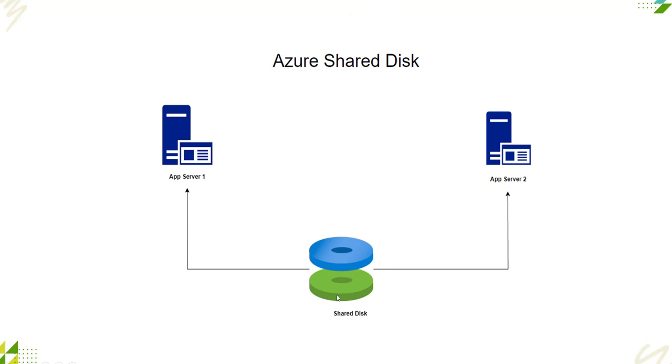This shared disk will be attached to both app server 1 and app server 2, so only one disk does the work, and that's the actual feature why it is getting popular these days. One more thing: after attaching the disks, you need a cluster application service installed on both machines, and only then will it work.